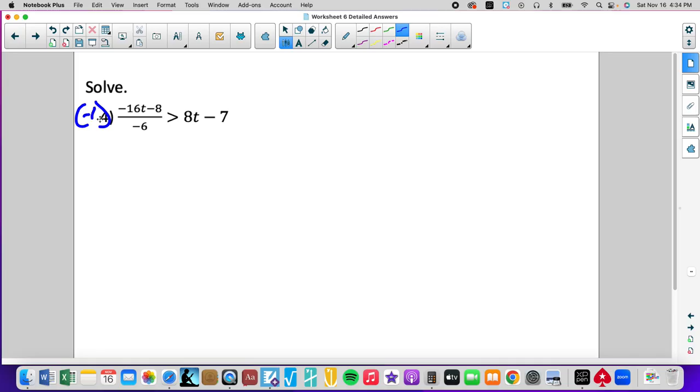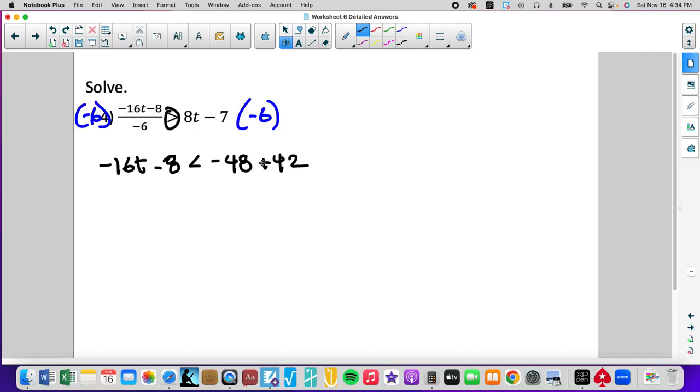All right, here's that technique. We're going to multiply by -6 first. Now, since we're multiplying both sides by a negative, we have to flip the inequality. That's negative 16t minus 8 is now less than negative 6 times 8 is 48, and negative 7 times 6 is positive 42.